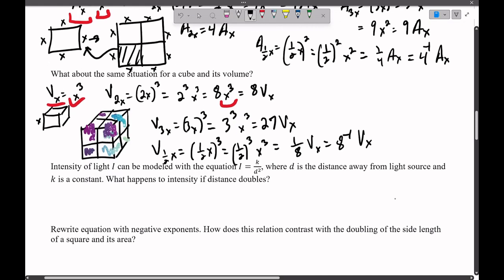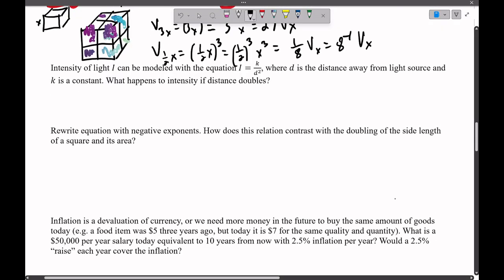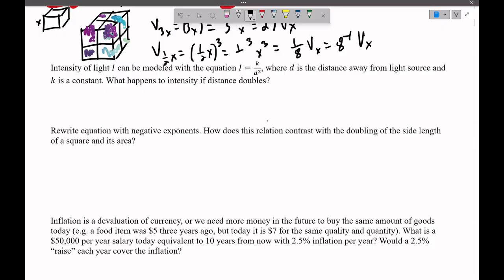Okay, let's move on. Intensity of light can be modeled with this equation here. Let me just erase this a little bit. I equals k over d squared. D is the distance away from the light source, and k is just some constant. That constant really depends on the situation you're talking about. But what happens to intensity if distance doubles?